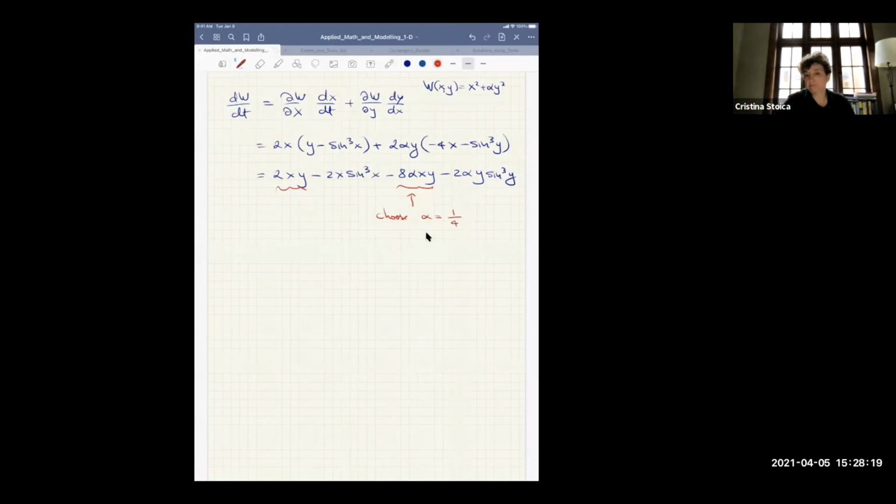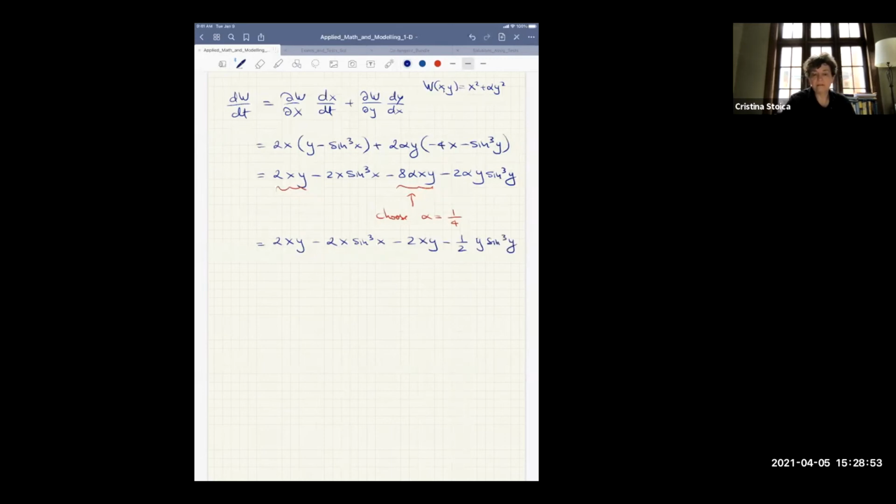If alpha is 1/4, then we have 2xy minus 2x sine 3 of x, then minus 2xy, minus 1/2 y sine 3 of y.